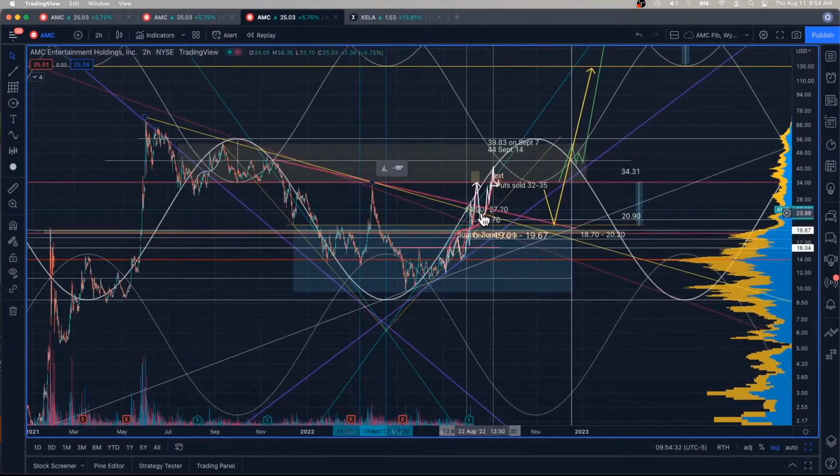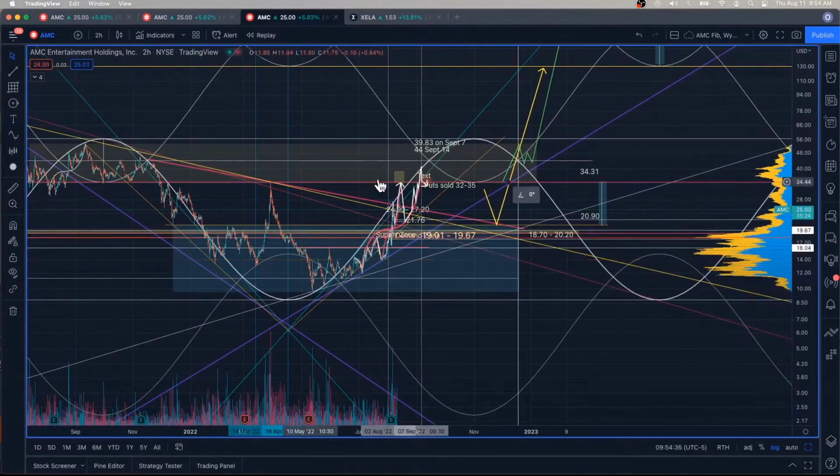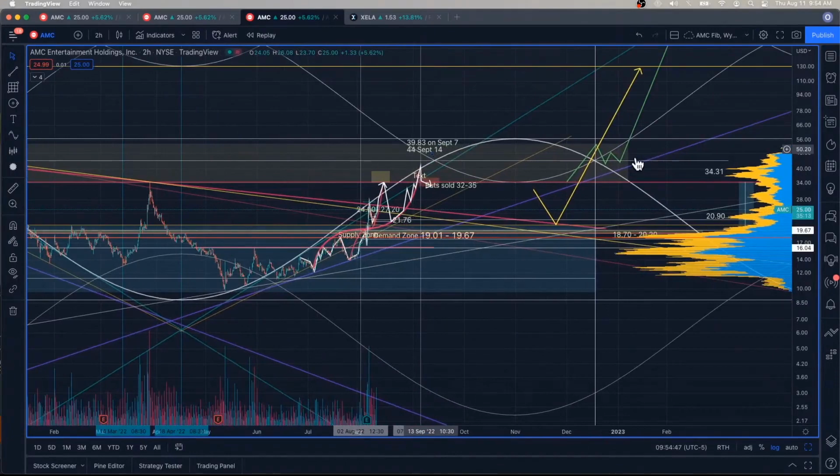So from a fractal standpoint, you're in the exact same position on the macro scale right now. So that tiny little area right here where we saw that rotational symmetry is now playing out on a macro scale right here.